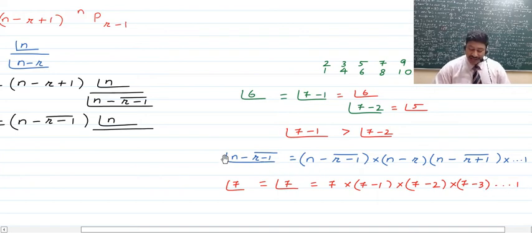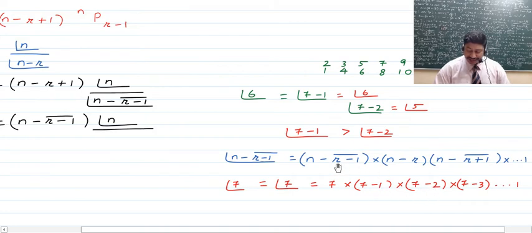Similarly, when we had factorial of n minus r minus 1, n minus r minus 1 was actually the largest number, right? Now here, if you talk about this number, this will be the least, that is r minus 1. When we write the next larger number by adding 1 to it, like we did here, we had 1, we added 1 to it, we got 2.